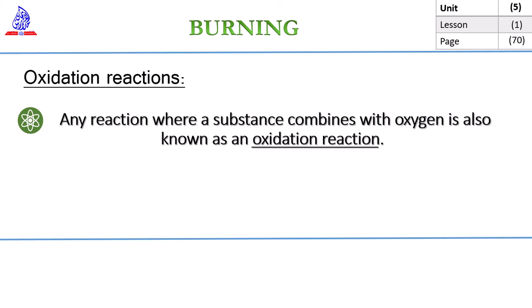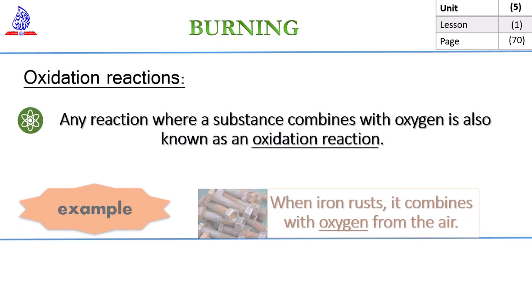For oxidation reaction there are maybe 4 or 5 definitions. But here you should know definition number 1, which explains that any substance adding oxygen or combining with oxygen is an oxidation reaction.